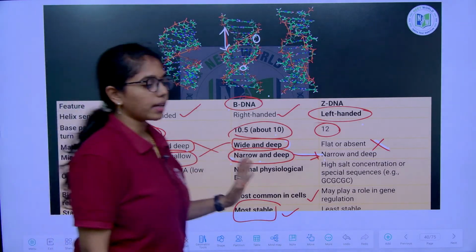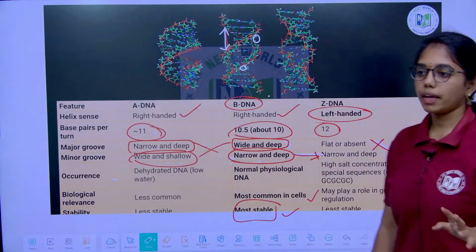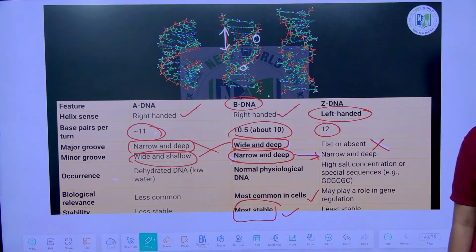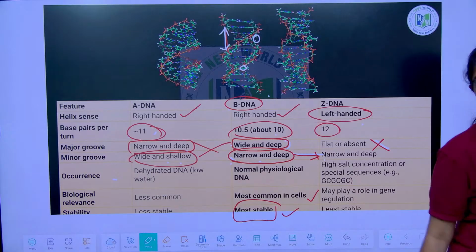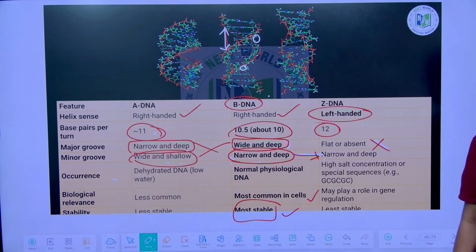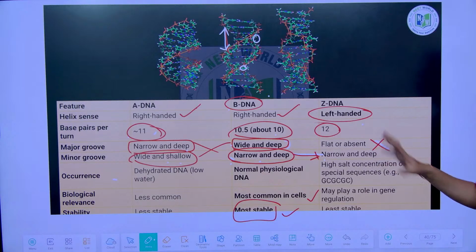Once please take down this anywhere, A, B and Z DNA. Just only those 5 points we have discussed, not all.